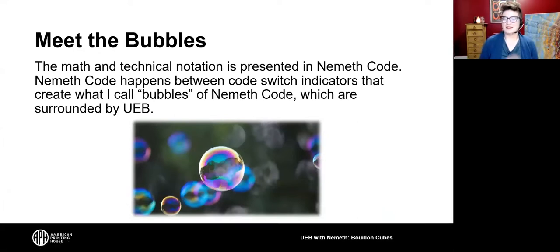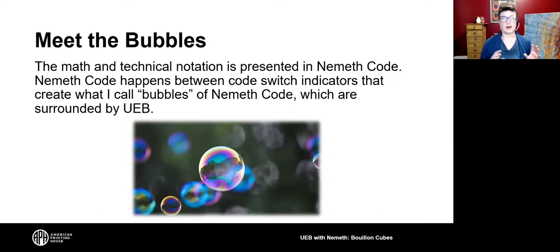Ladies and gentlemen, please let me introduce you to the bubbles. I feel like there should be a sound drop here that goes, my name is Bubbles. But what I really want to introduce you to is that math and technical notation, so not just math, but chemistry as well, is presented in Nemeth Code when we're doing a UEB with Nemeth transcription.